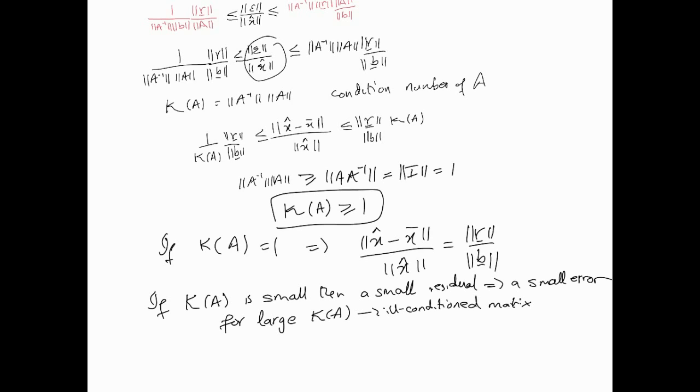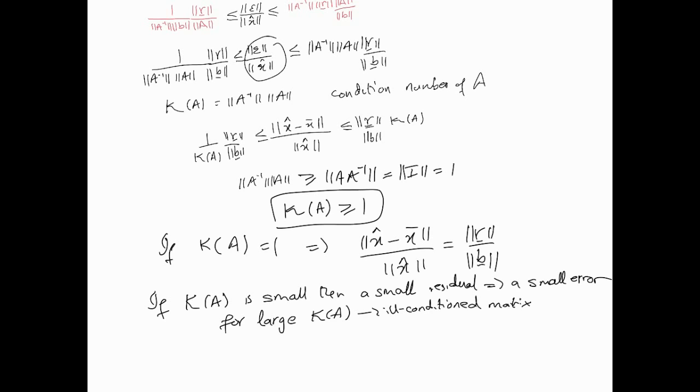So if it's a small residual and the condition number is small, we can say that the error will be small. However, for large condition number, it is possible that the residual can be small, like in our example, and the error will be large.